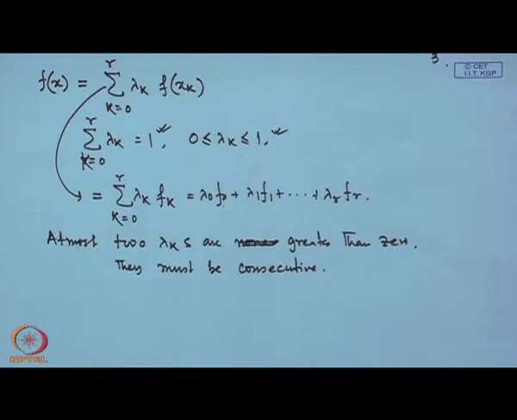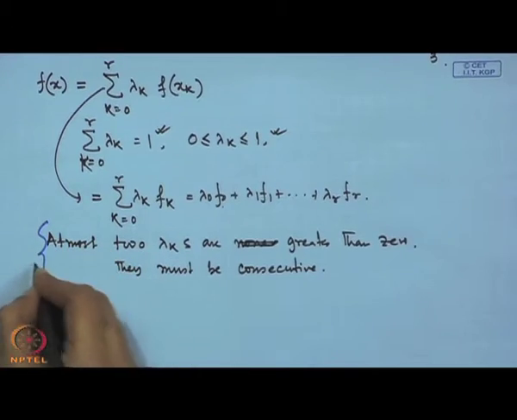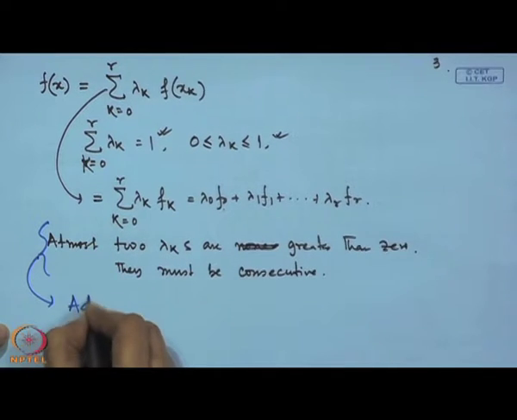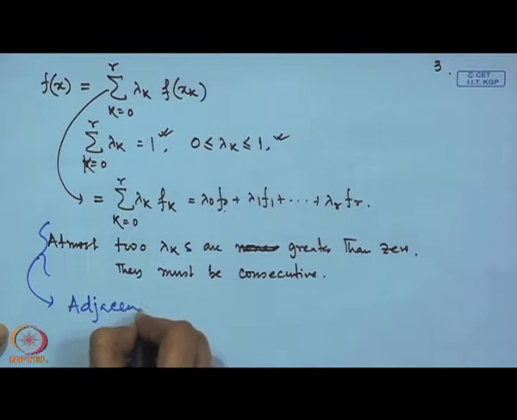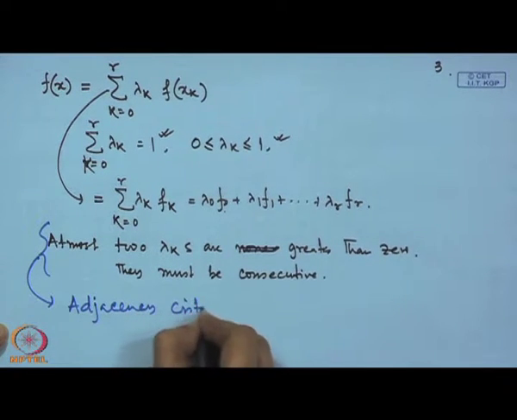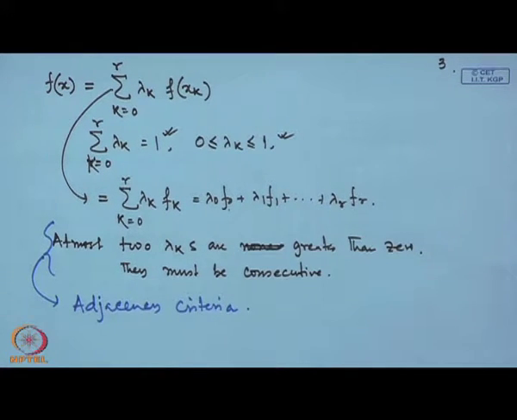Now, what is the advantage in this procedure? And one thing I forgot to mention, that this criterion is called the adjacency criterion, because this criterion is very important when we apply the simplex algorithm in the next.